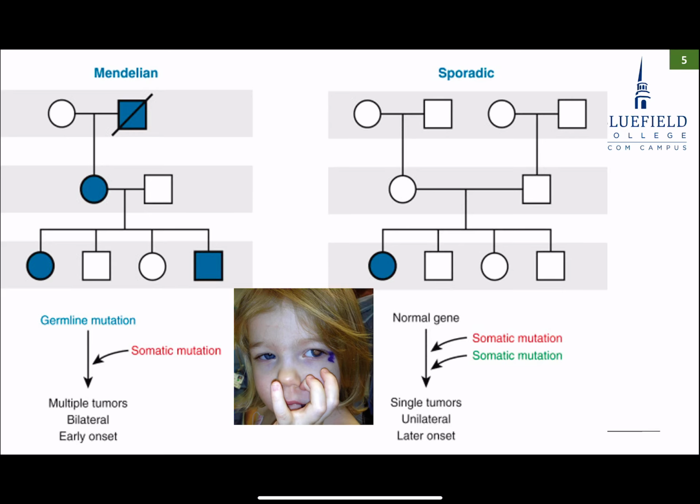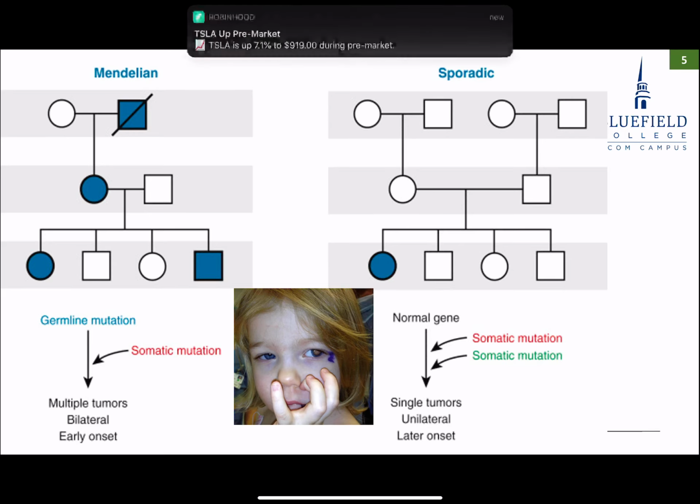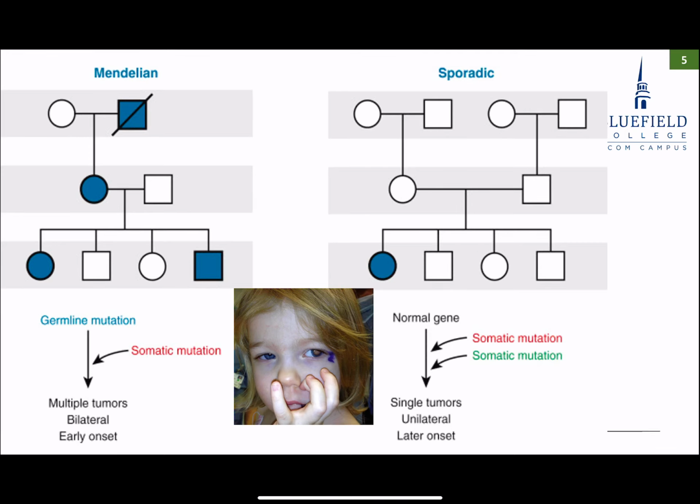So again, this is in contrast with sporadic, which requires two somatic mutations, which are rare. So you may expect one, which is very rare, but then the second is super rare. That's why the sporadic cancer is sporadic by definition, right?